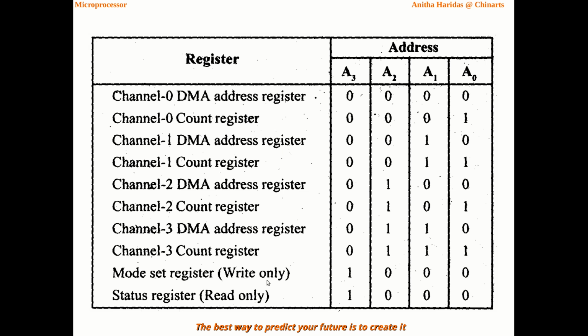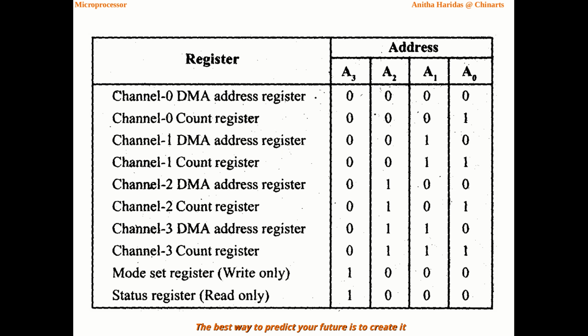So if it is a write operation, then the mode set register will be selected. If it is a read operation, the status register will be selected using the same address. Understand? 1000 is the address used for both the mode set register as well as for the status register.